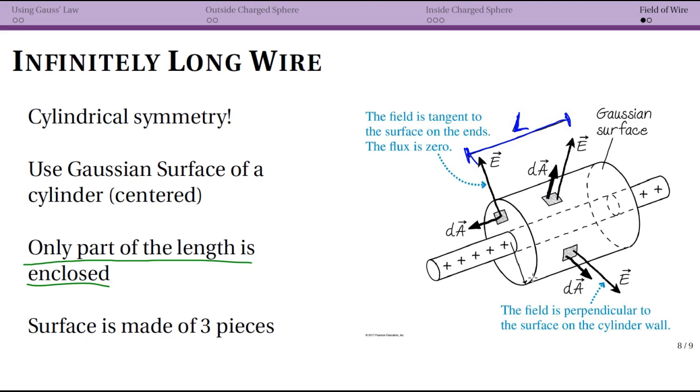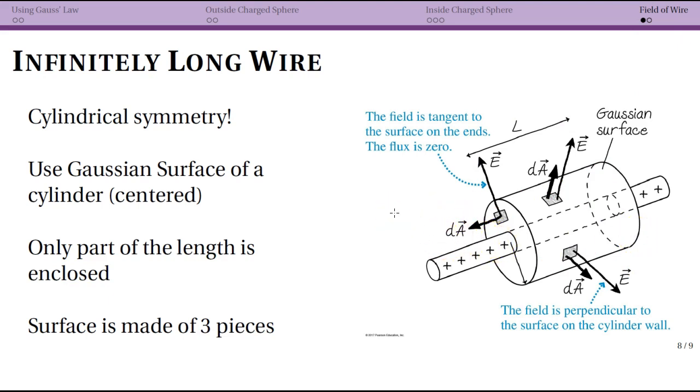Now the next thing that's also different from when we did the spherical calculations is that we now have three pieces. We have one end, we have two ends, and then we have this curvy bit in the middle. So we now have three different surfaces to worry about. Again, overall we have a closed surface, but individually it's made up of pieces.